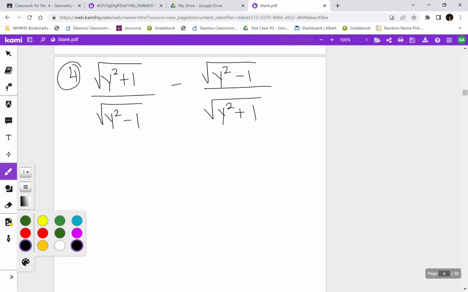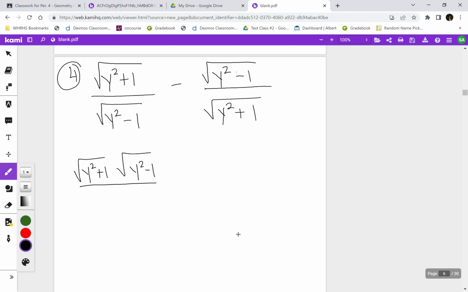Okay, so the first thing we're going to do is rationalize. So in the first fraction, I'm going to multiply by the root of y squared minus 1. So we have the root of y squared plus 1 times the root of y squared minus 1. So that leaves us with y squared minus 1 in the denominator.